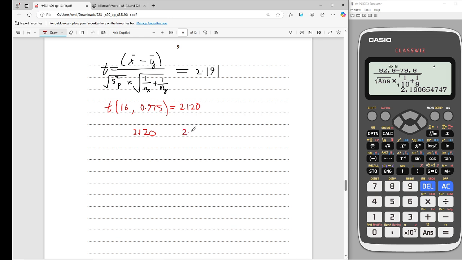And 2.191. You can see that the test statistic is bigger. So when the test statistic is bigger, we reject H null.